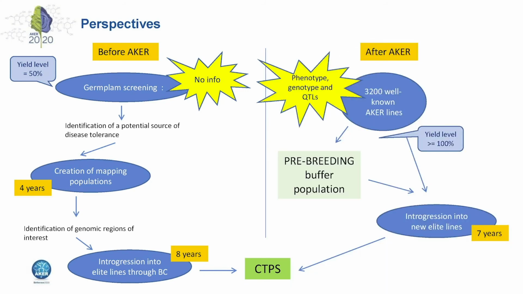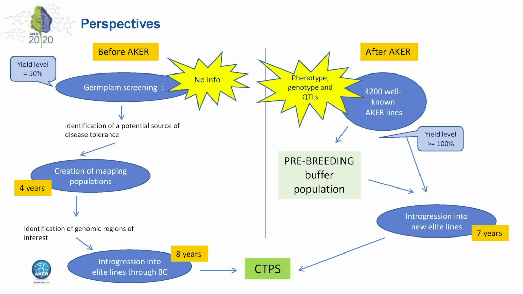Today, thanks to AKER, we have 3,200 lines well characterized from both a phenotypic and genomic point of view, whose average yield is that of the elite line used in 2012, therefore much better than a wild accession. We therefore have a huge reservoir of exotic fragments in elite background, directly usable because of a very acceptable level of yield, even excellent depending on the lineage.